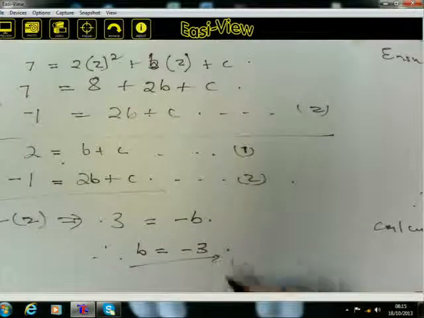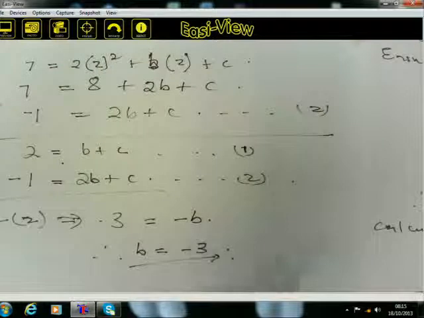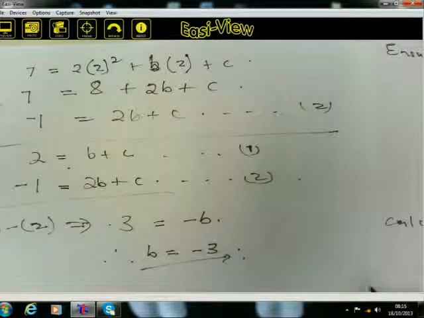So we have already got the value of a, we have got the value of b. Then it is easy for us to get the value of c. Now, let me see how we are going to get the value of c.